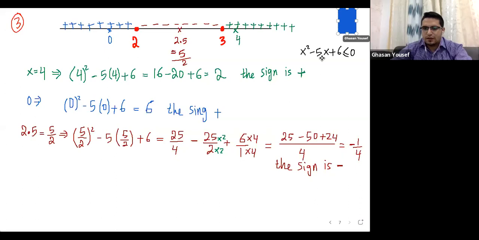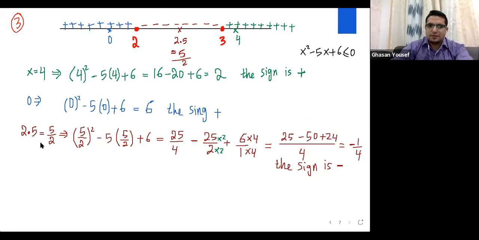Yes, from 2 to 3. Here Bamila said from 2 to 3, the equation x squared minus 5x plus 6 will be negative, and it will be 0 at 2 and 3.